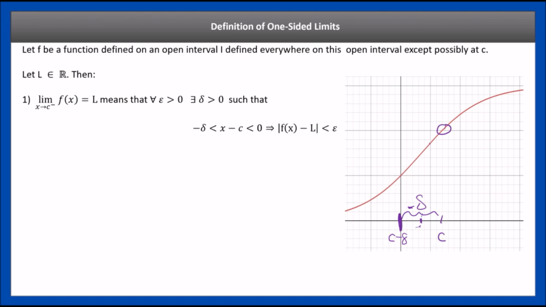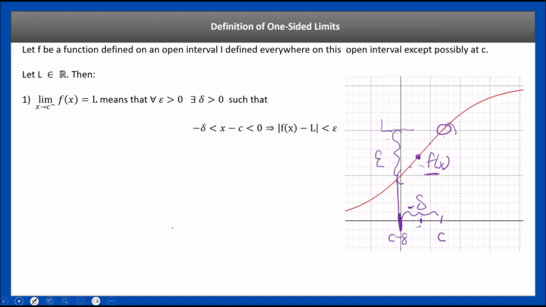And if I evaluate that x, that's going to be f of x, and that has to be within epsilon of this value L. So in this case, epsilon is from here to here. That's got to be within epsilon of the limit, okay? So they're saying the absolute value of f of x minus L is less than epsilon. That's sort of the picture of what's going on, all right?